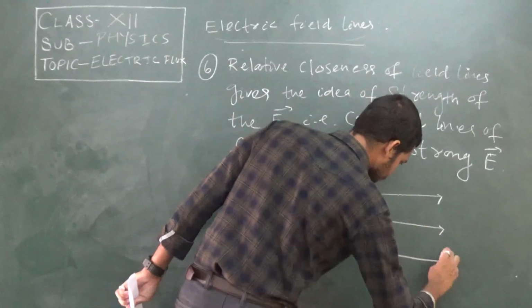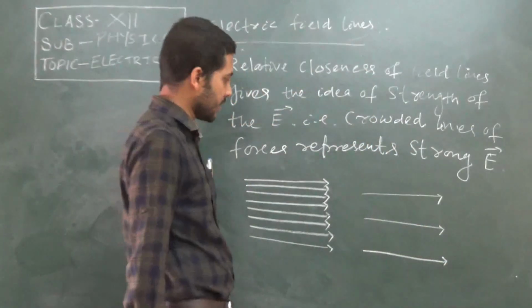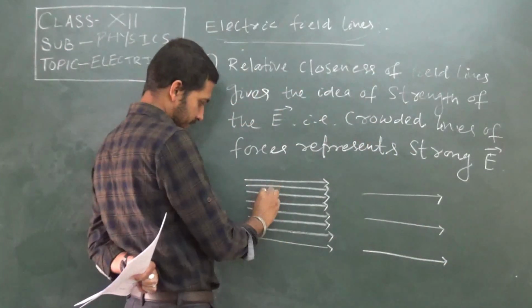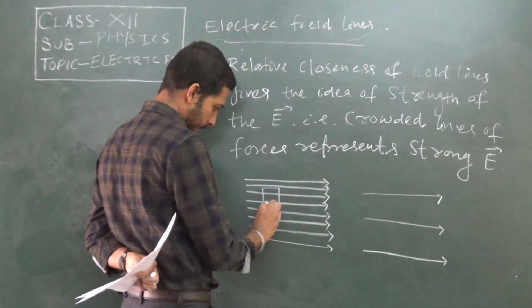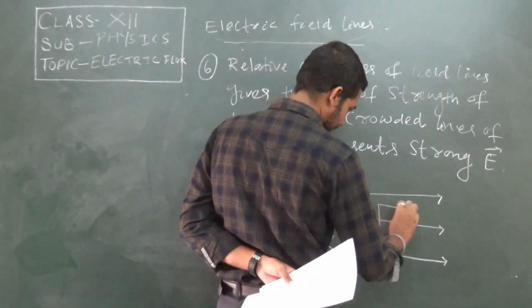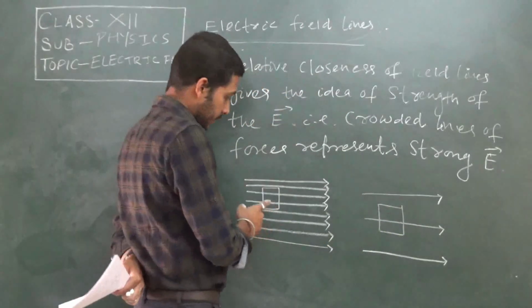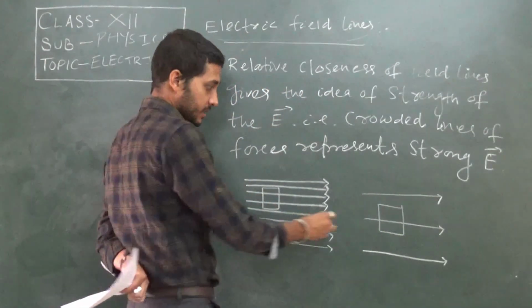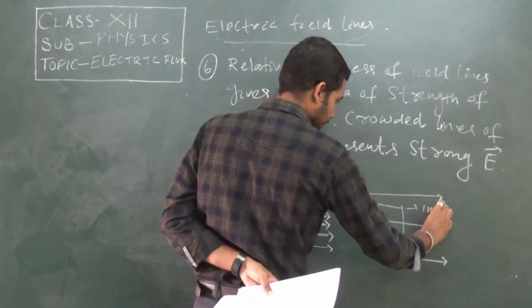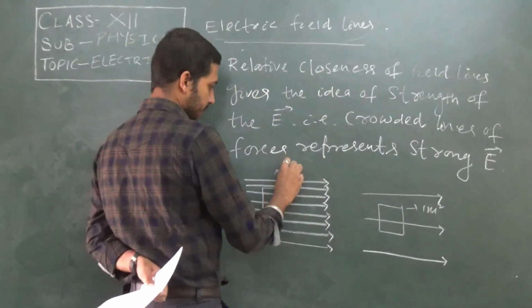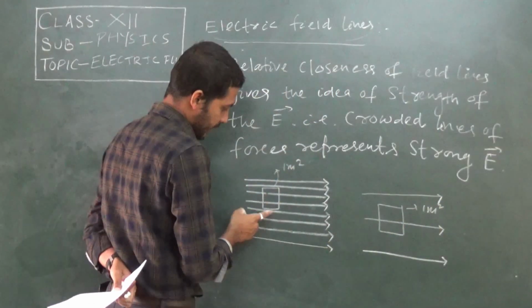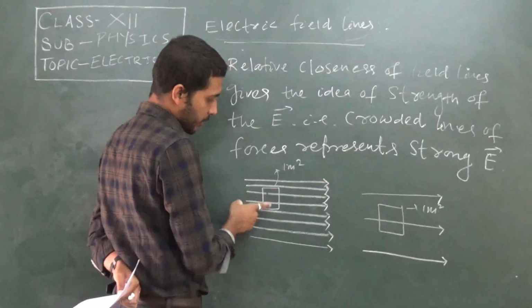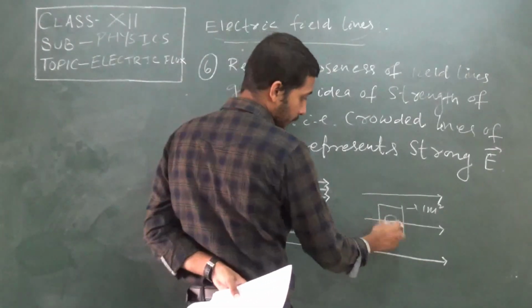We will discuss this concept again in our electric flux. So if I place any region here and any region here, let us say this one is also 1 meter square, this one is also 1 meter square. So here in 1 meter square you are getting, let us say, 2 lines of forces. Here you are getting 1 line of force.